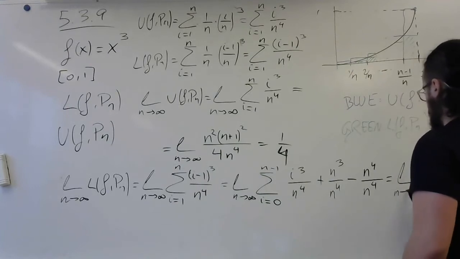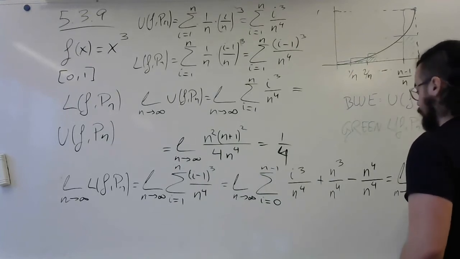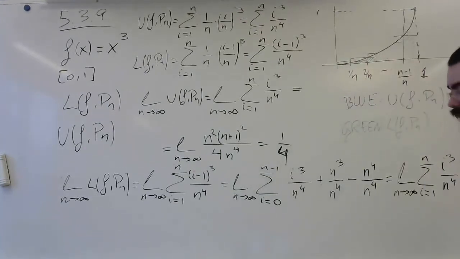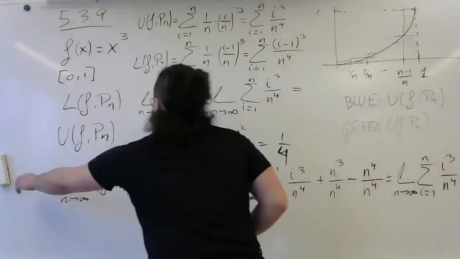Now this is the limit when n tends to infinity of the sum. Do you see this? Okay, you're done. Let's move this a little bit.